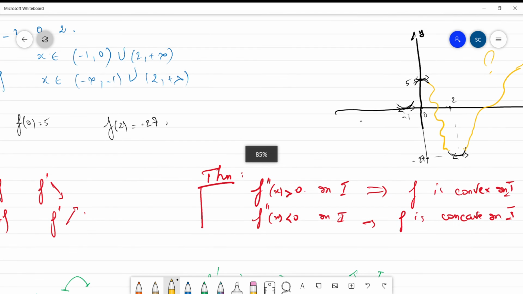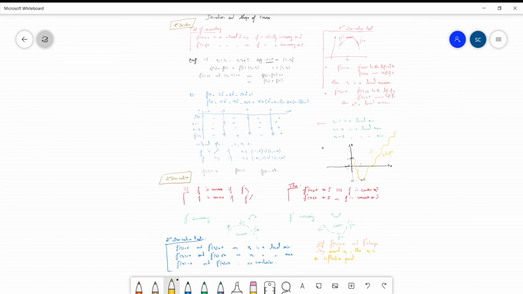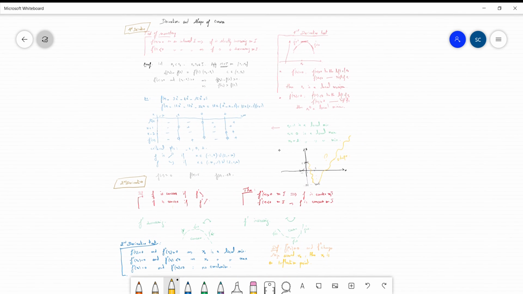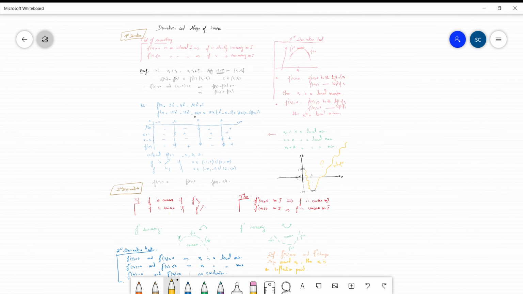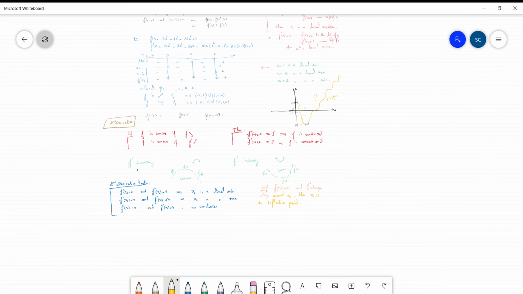So this is what we learned today. Let's summarize. We had first derivative properties: monotony depending on the sign of f prime, and characterization of critical points as local minimum or local maximum, depending on the sign of the first derivative on both sides of x0. Then we defined concavity and convexity, related to the monotony of the slopes.